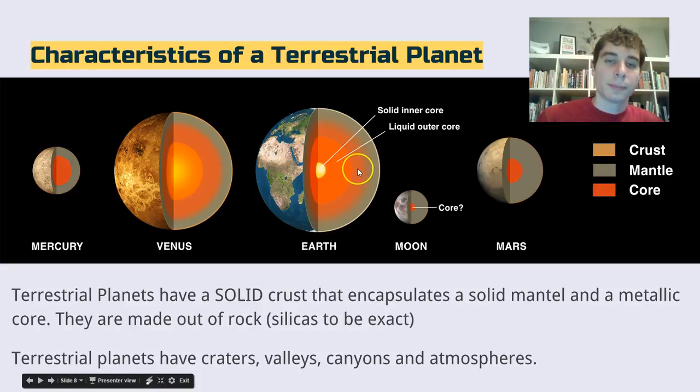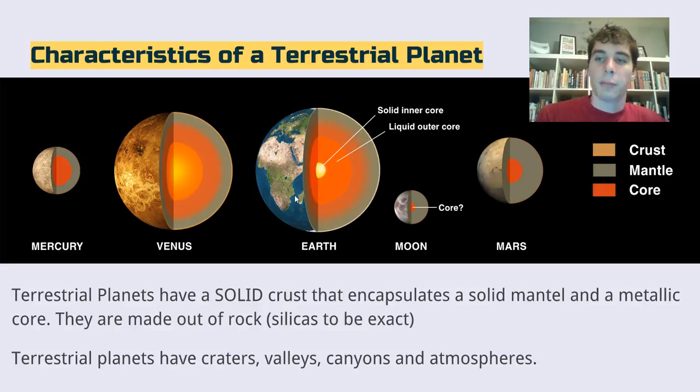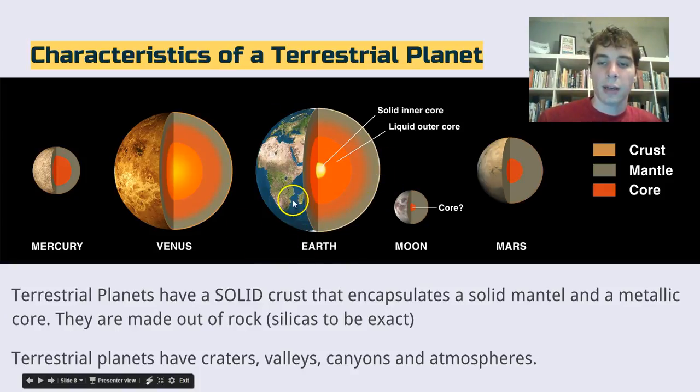So it has a mantle. And then at the very center, it has something called a core. And all terrestrial planets have those 3 components: the crust on the outside, the mantle, which is this rocky material in the middle, and then a metallic core, which is very hot and very dense. All planets are made out of rocks, mainly, something called silicates. So Earth is mainly made out of silica.